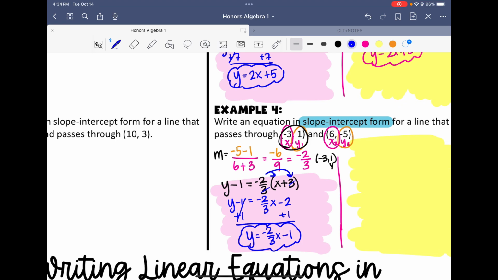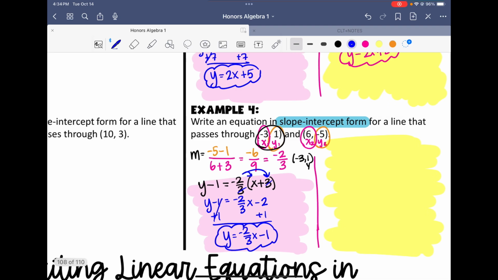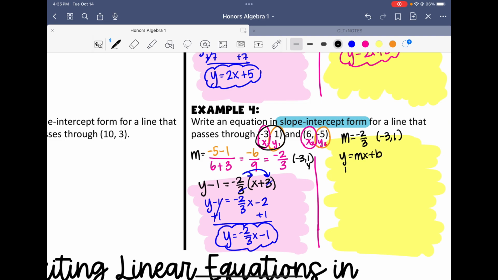Let's see what happens. So I know we're going to use a slope of negative 2/3, and we'll use the same point, (-3, 1). All right, so we're going to now put it in y equals mx plus b. So y is 1, equals negative 2/3 times negative 3, that's my x, plus whatever b is.